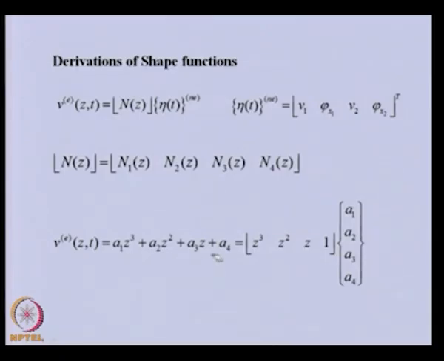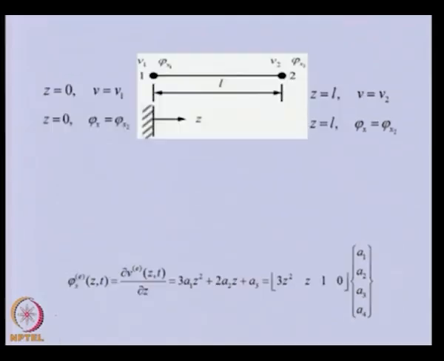So this expression we can write in a row vector and column vector like this. You can see a1, a2, a3, a4 are unknown. We need to find these from the boundary conditions of the element, and let us see how we can obtain these constants.